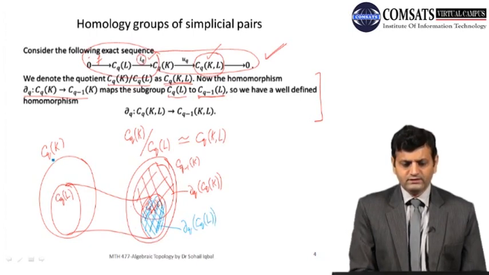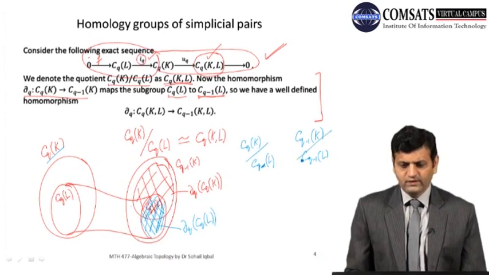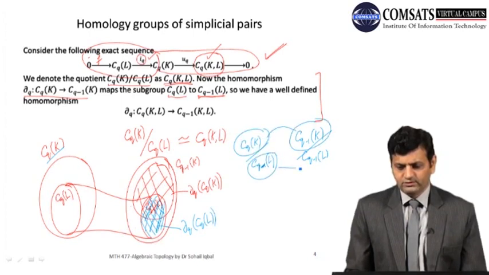In other words, this free abelian group CQK maps to CQ minus 1 K, and CQL maps to CQ minus 1 L. So if I have CQK quotient with CQL, then the elements of CQK map to CQ minus 1 K, and the elements of CQL map to CQ minus 1 L. So we can define this homomorphism, because the elements of this map to elements of this, and the elements of this map to elements of this.